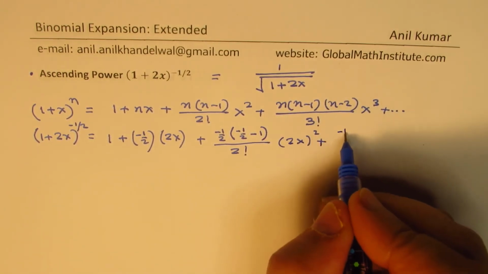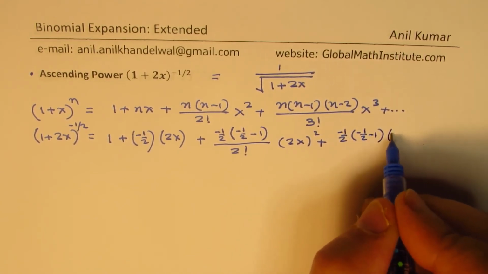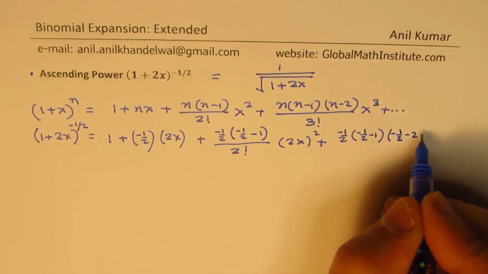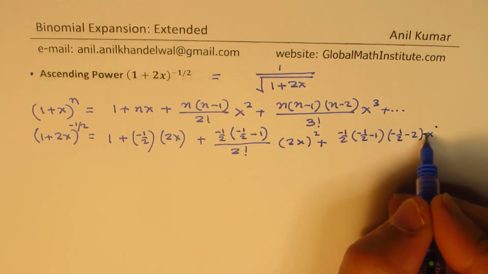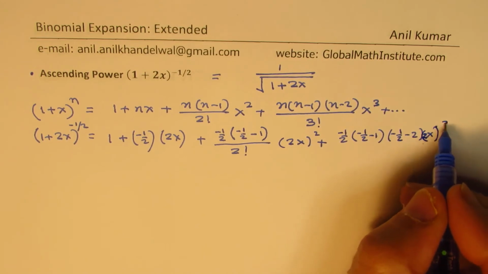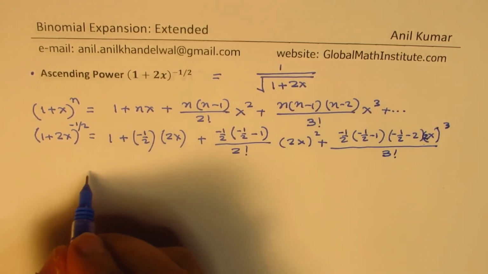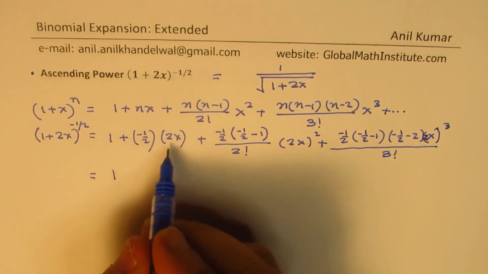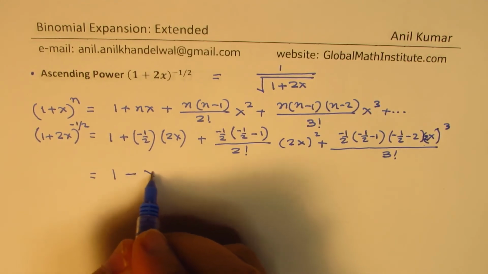So this is minus half times minus half minus 1 times minus half minus 2 x cubed. X is replaced by 2x, so let me write 2x whole cube, divided by 3 factorial, right? So that gives you 1, and minus half times 2x is minus x.